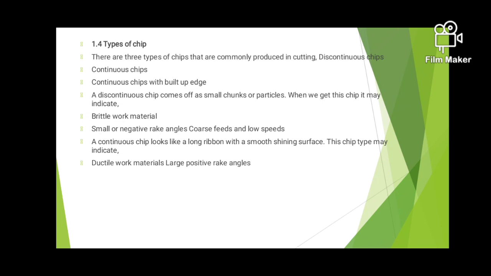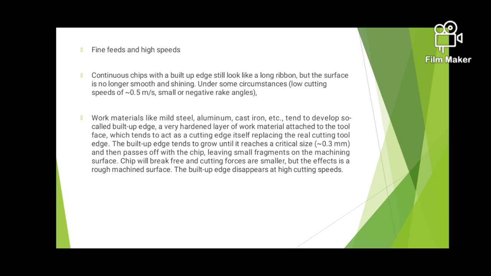Ductile work material, large positive rake angles, fine feed and high speeds. Continuous chip with built-up edge still looks like a long ribbon. Work materials like mild steel, aluminum, cast iron, etc. So depending upon the material, the chip may differ.